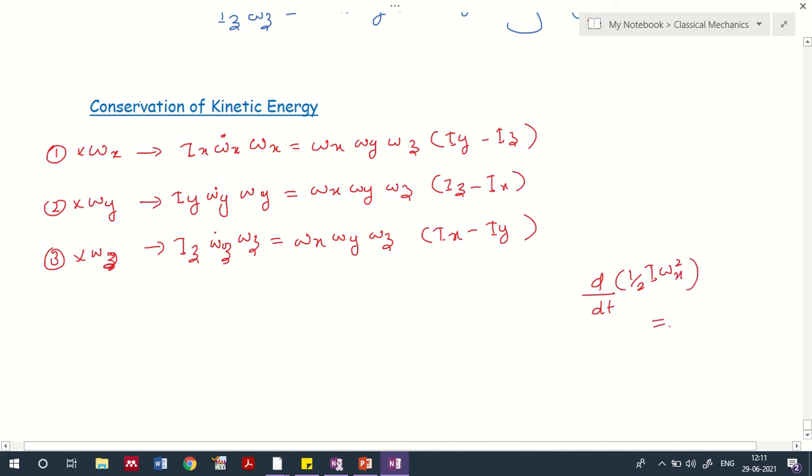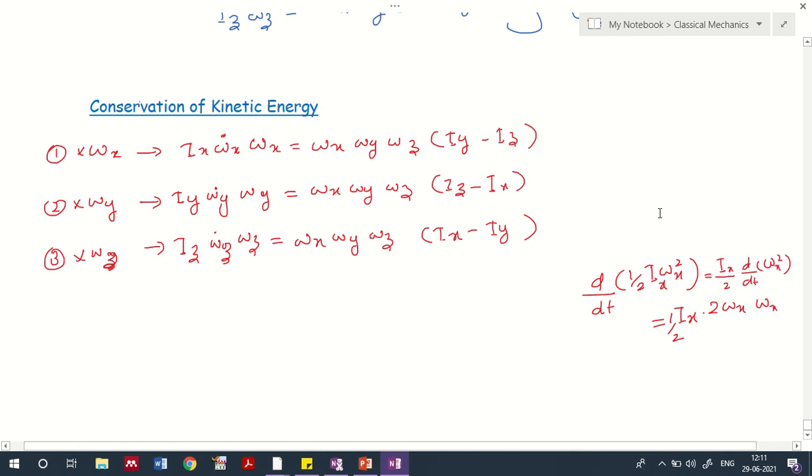If I take the derivative, I keep half Ix outside and work on d by dt of omega x square, which gives half Ix into 2 omega x omega x dot.